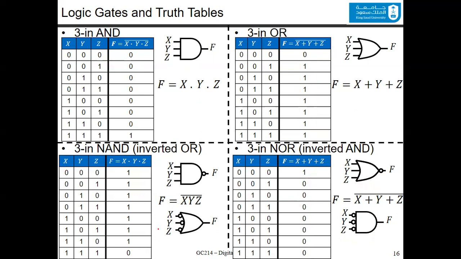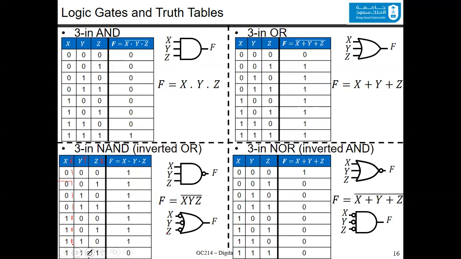To convince you, I will take this as an example. If we generate X bar, Y bar and Z bar, and we try to write them here in the table. So let's say we will try to get x bar, y bar, and z bar. This will be 1, 1, 1, 1, 0, 0, 0, 0.